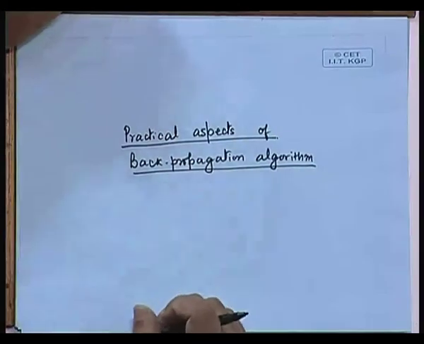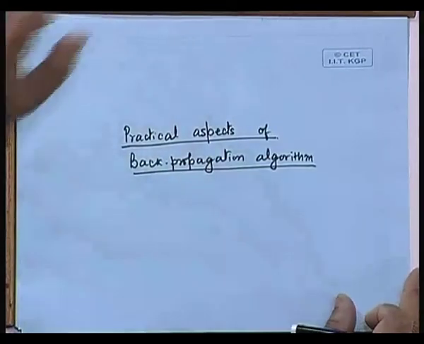All right. Now, you have seen in the last class that the local gradient that we are having, for the output as well as for the hidden layer neurons, is very much dependent upon the derivative of the activation function, because it is proportional to phi dash of Vj. So, this necessarily means that phi dash Vj should be computable.